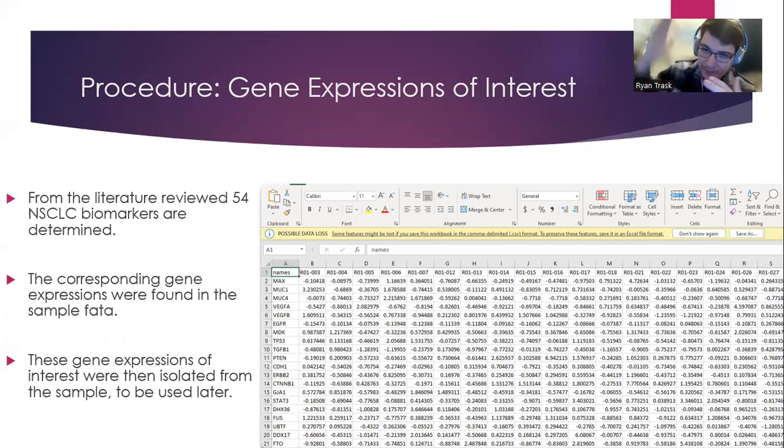I read up through the literature and saw what people were seeing. Oh, this MAX biomarker does so and so. Okay, I'm going to look at that one. This MUC1, this other paper says that's a biomarker. I'm going to look at that one, and so on. And so I selected those from the genes, isolated them from the original data, and threw out the rest of the stuff that I don't care about.